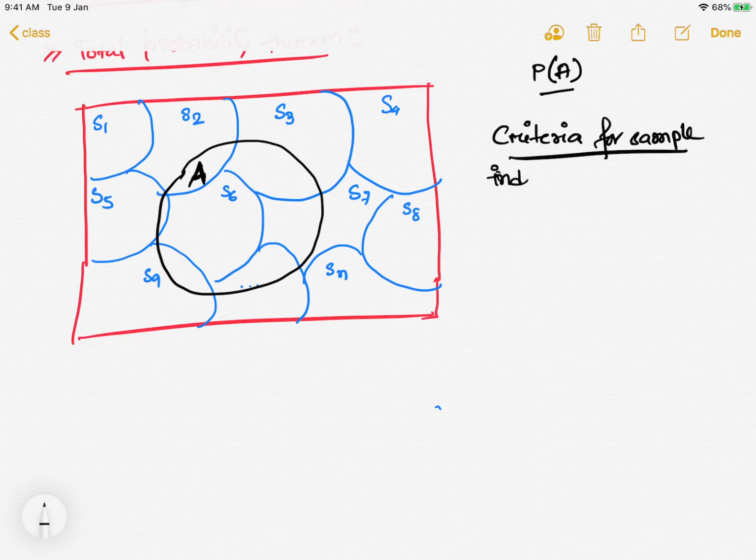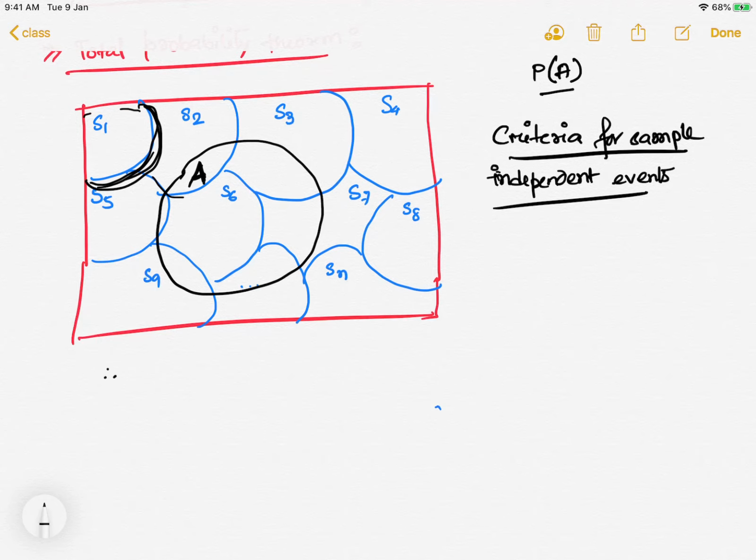It means the probability of occurrence of S1 doesn't depend on the probability of occurrence of S2, which means each can occur independently.